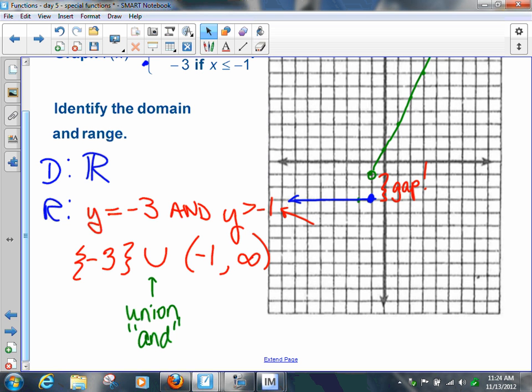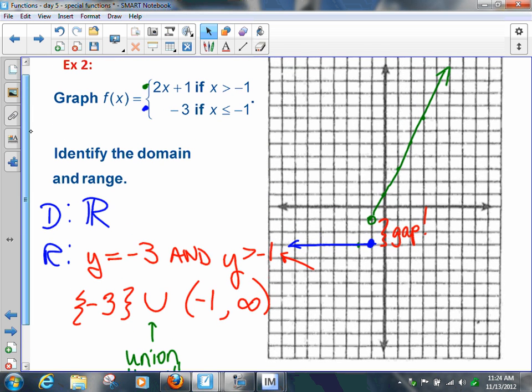Any questions before I move on? Any questions at all? Yes, ma'am. The constraints that I'm given. Did you see how I stepped it off the green line and I started with the y-intercept at 1, and then I went up 1, right 1, up 1, and then I just put dots there.